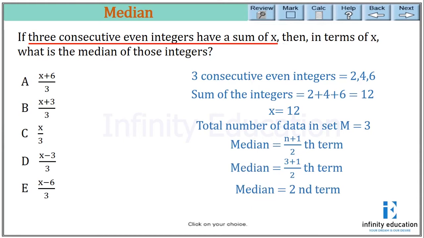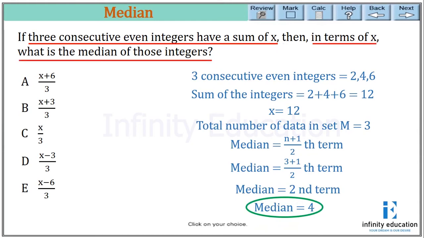Out of 2, 4 and 6, what is the 2nd term? The median should be 4. Now the question is, in terms of x, what is the median of those numbers? That means when I put x equals 12, which option gives me 4?